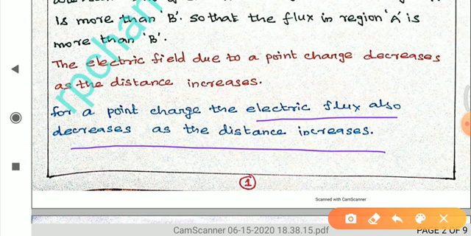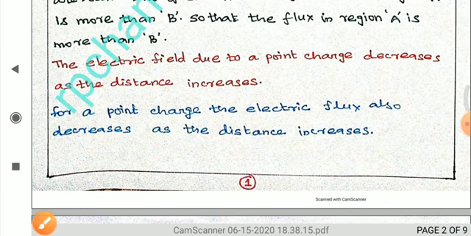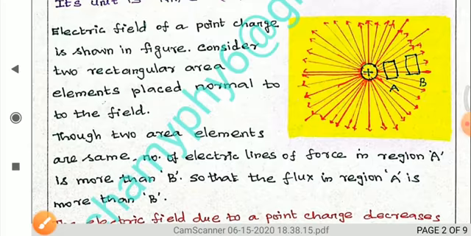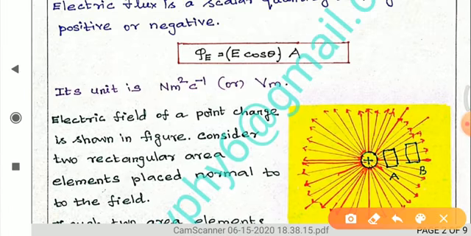Both the electric field and the electric flux are inversely proportional to the square of the distance. Why? Because from this formula we can say that flux is directly proportional to E. That means if E increases, flux will increase. If E decreases, that is field decreases, flux will decrease.